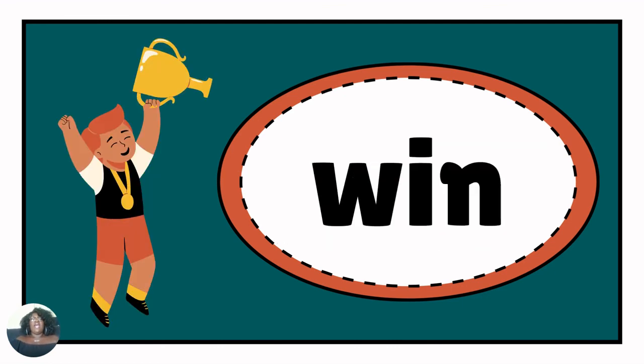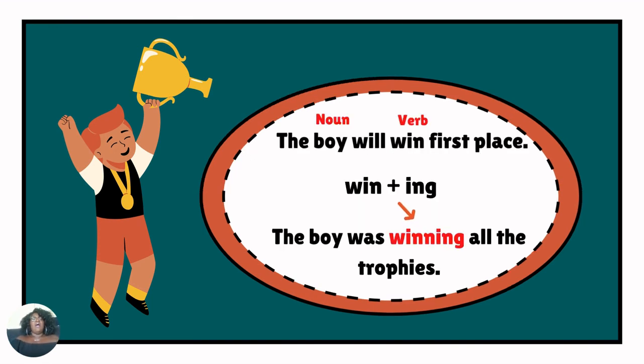Win. Again, win. It's always fun to win. Next slide. The boy will win first place. Boy is the noun. Win is the verb. Win describes what the boy will do. Win plus ing becomes winning.